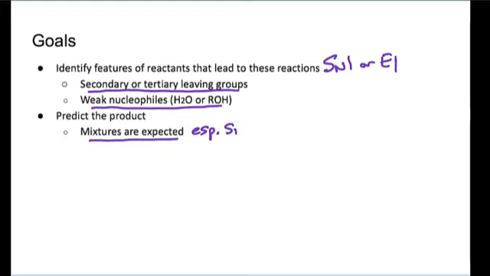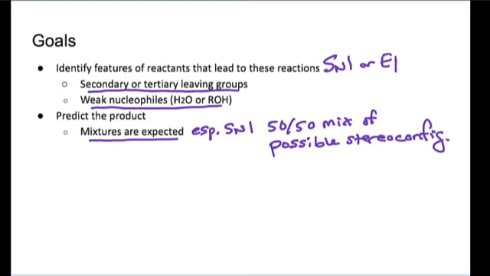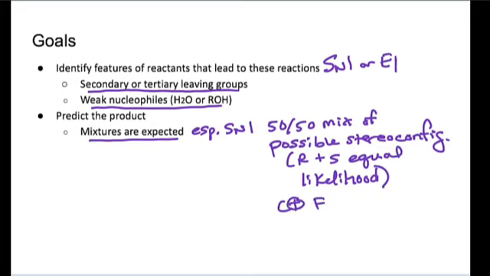especially in SN1, where we end up with sort of a 50-50 mix of possible stereo configurations. Okay, so of R and S with equal likelihood. And again, that reason is because we form a flat carbocation intermediate.